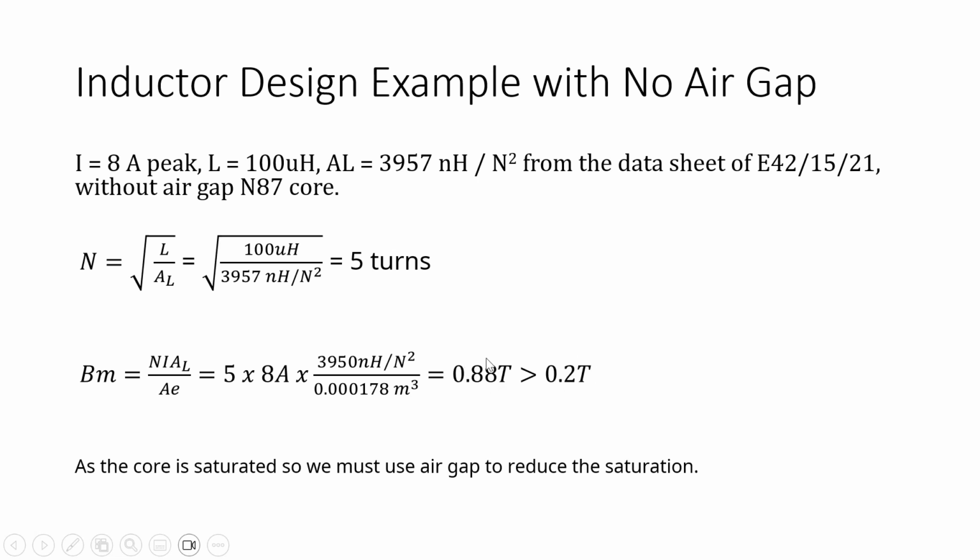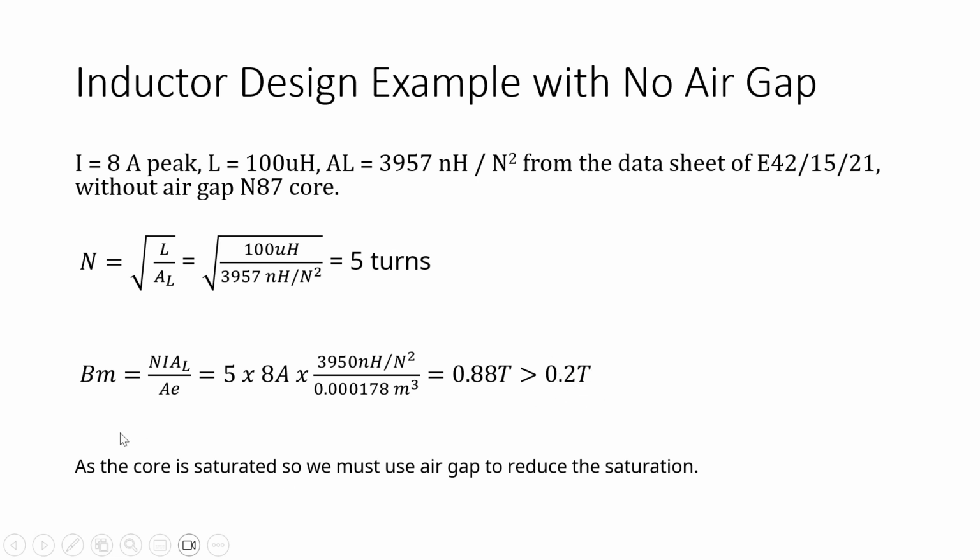As this value is very high, we have to reduce it with the help of the air gap. So as the core is saturated, you must use an air gap to reduce the saturation. Actually, this constraint of 0.2 Tesla is not due to the saturation, but it is due to the temperature rise.